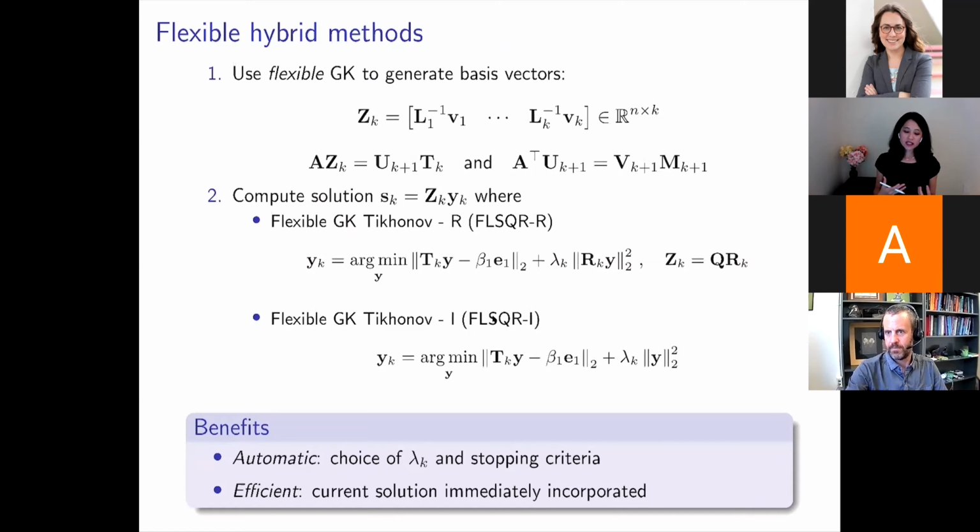Now, one of the great things about the flexible hybrid methods is that your current solution is immediately incorporated into your solution process, because it allows you to essentially build your next solution vector. And then as with all of these hybrid methods, the other benefit is that you can choose your regularization parameter automatically. These things don't have to be predetermined.